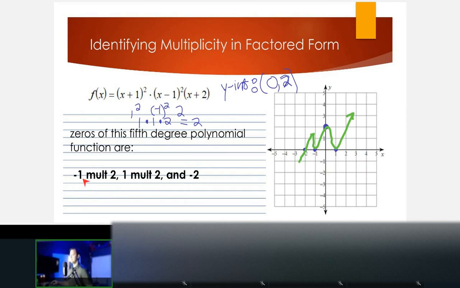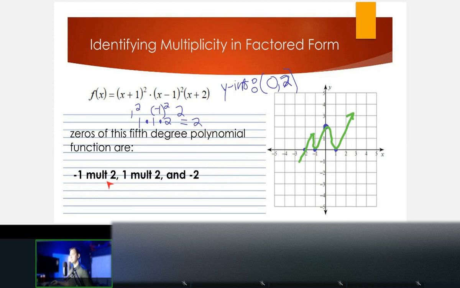So negative 1, multiplicity 2. That's this one. So that bounces, which he showed, right? 1, multiplicity 2. It bounces also, right? So there's the bounce again at 1. And then, oh, did I not type this right?